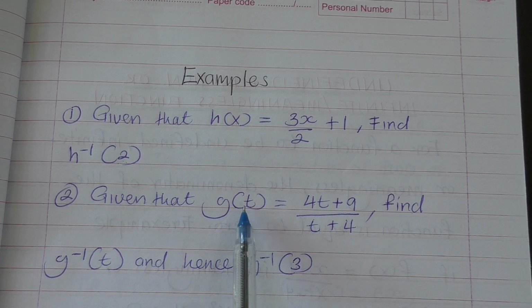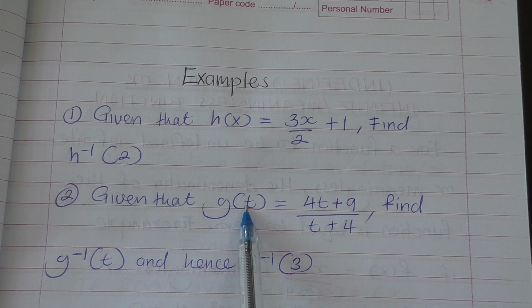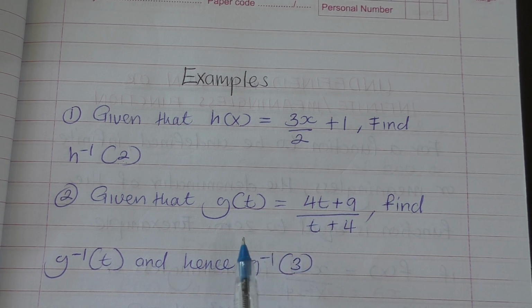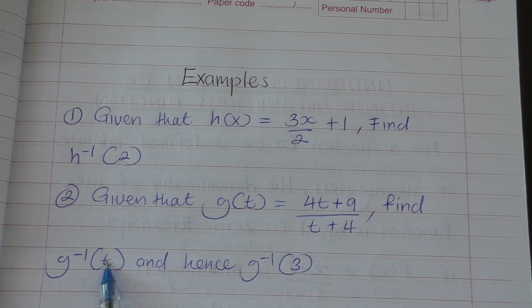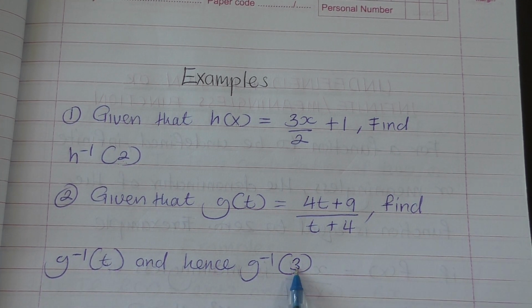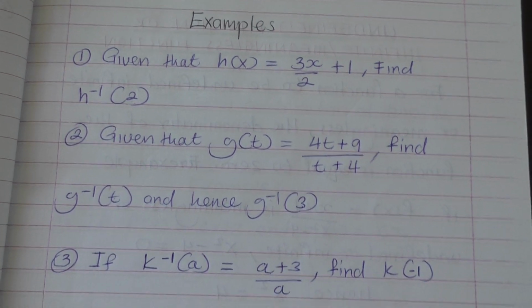So you can substitute this with any unknown and make it the subject, and after, substitute for t and the unknown you have used to get the g inverse of t. After getting g inverse of t, substitute that t with a 3 and get the value of the g inverse of 3.